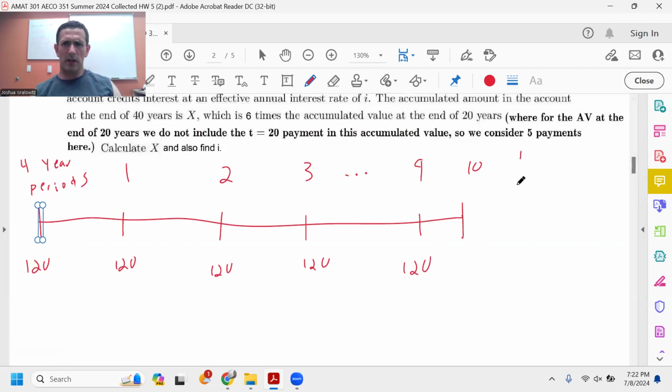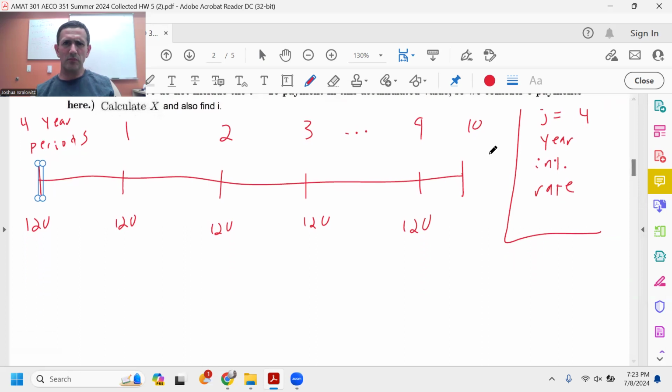So let's say J is my 4-year interest rate. Definitely easiest to just focus on your 4-year interest rate and then convert to a 1-year interest rate. I mean, you can work with a 1-year interest rate here.